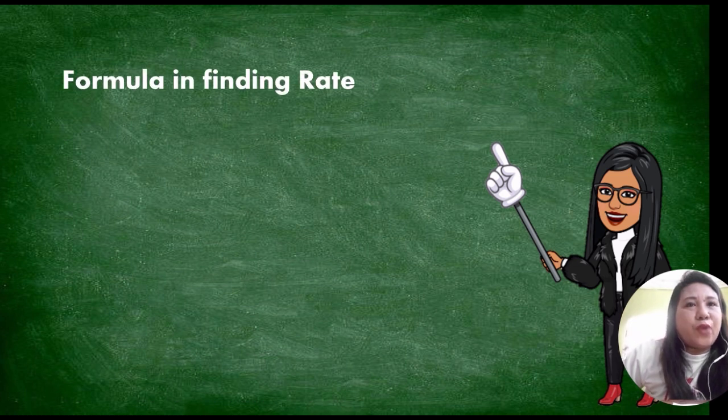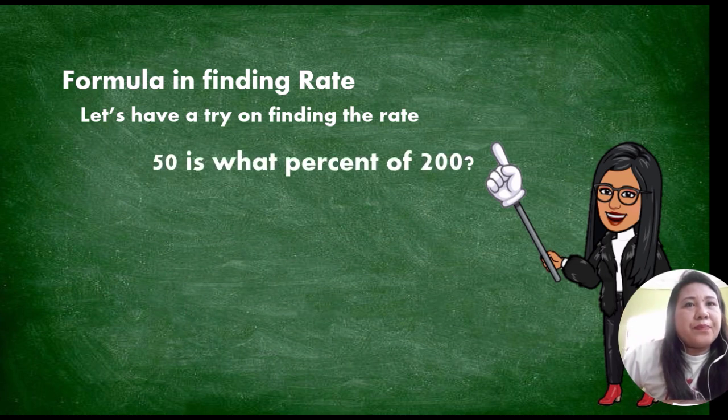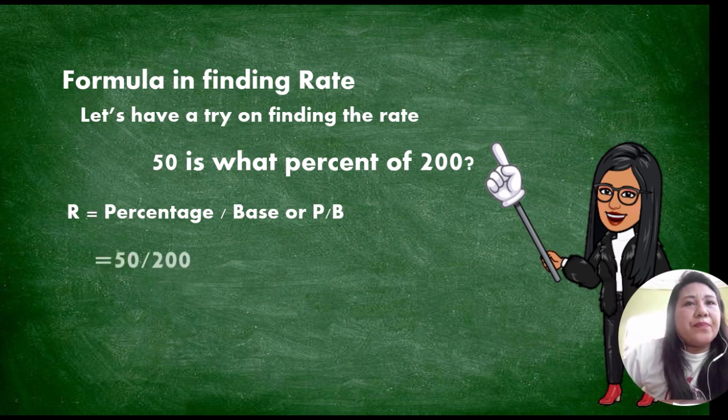So let's have the formula in finding the rate. We use the formula rate is equal to percentage divided by base, or P divided by B. So we represent percentage by 50 and the base by 200. 50 divided by 200 is equal to 0.25.